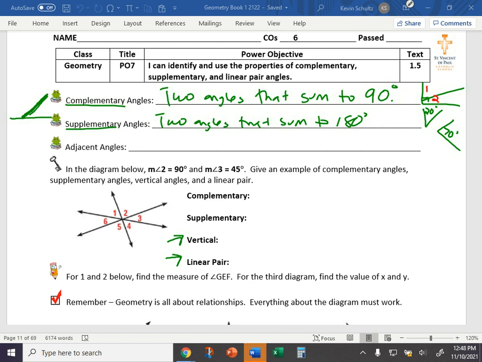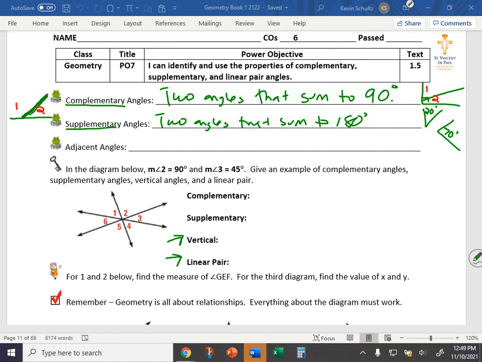Yes. Are these two angles supplementary? Yes. But then what's the difference between supplementary angles and a linear pair? Drake? That's it. Supplementary angles do not have to touch, right?